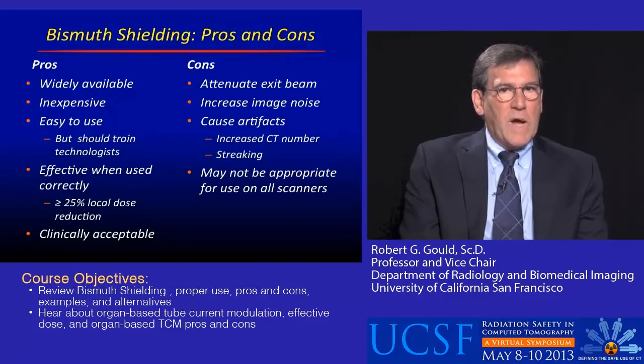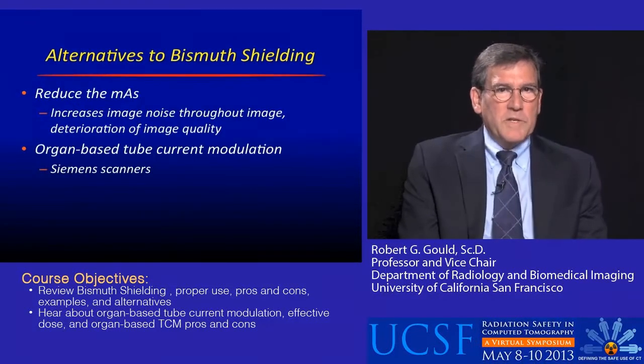Certainly if you're trying to do any quantitative work, that is measurement of CT numbers, you don't want to use bismuth shields. So what are the alternatives? Well, one is I could just reduce the mAs. This increases the image noise throughout the image and deteriorates the image quality.